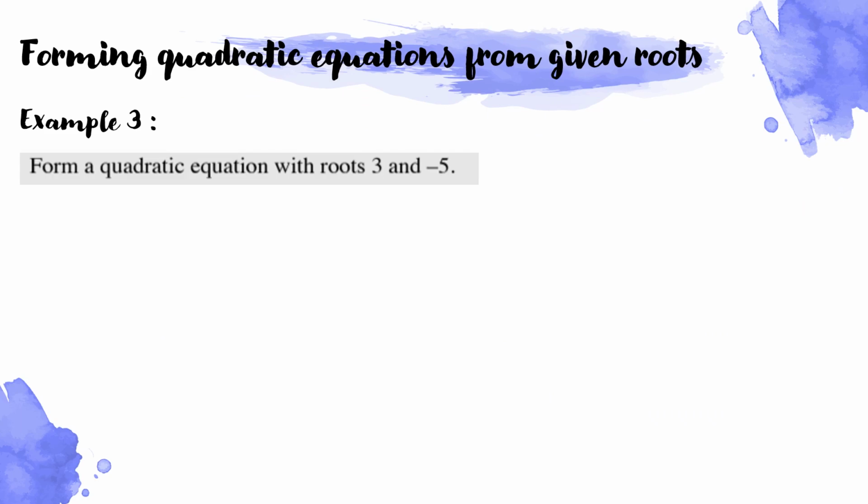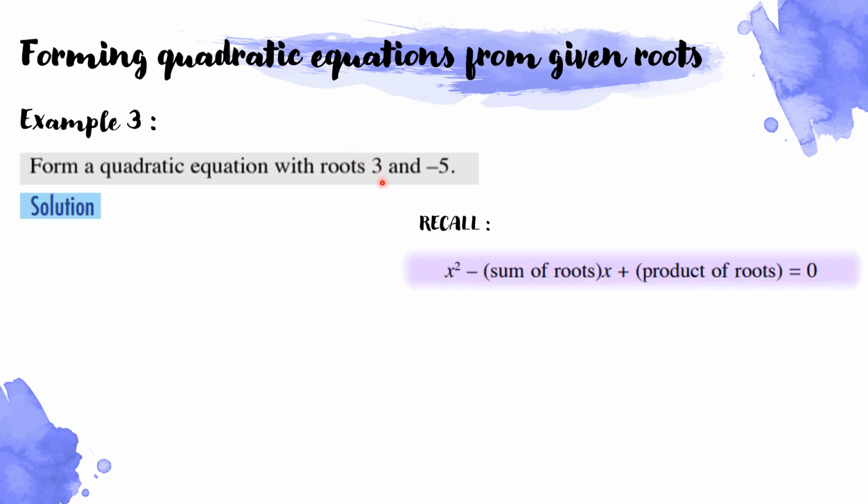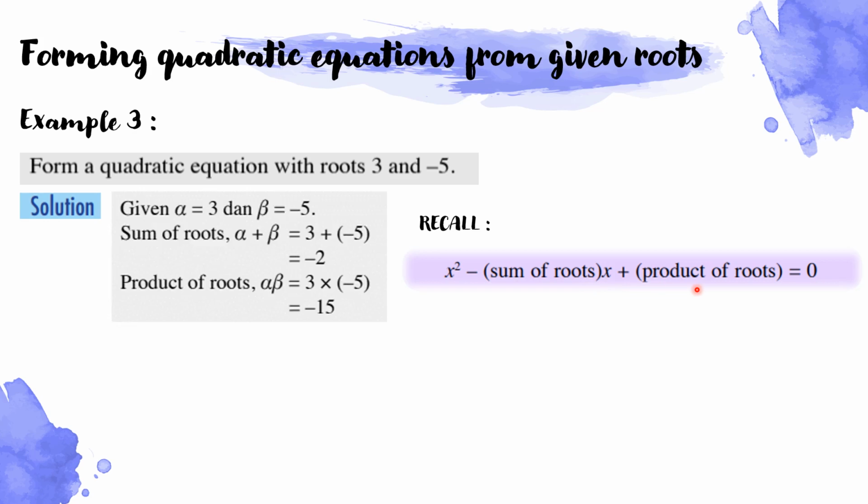Example 3. Form a quadratic equation with the roots 3 and negative 5. Already given the values, the roots are alpha equal to 3 and beta equal to negative 5. Recall how to do that. You need to do the equation x squared minus SOR x plus POR equal to 0.